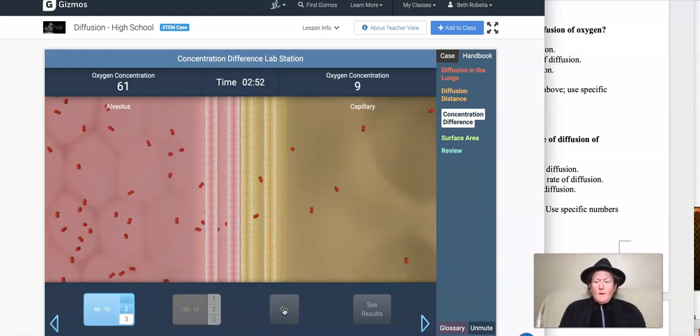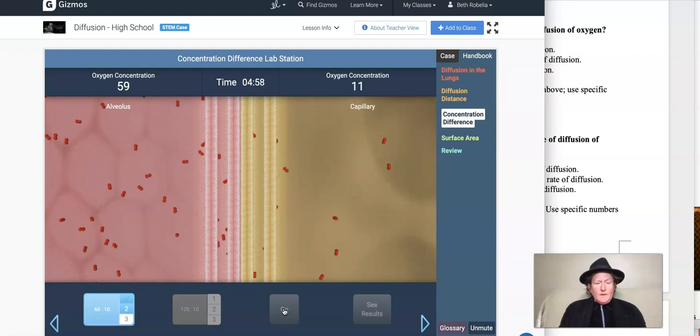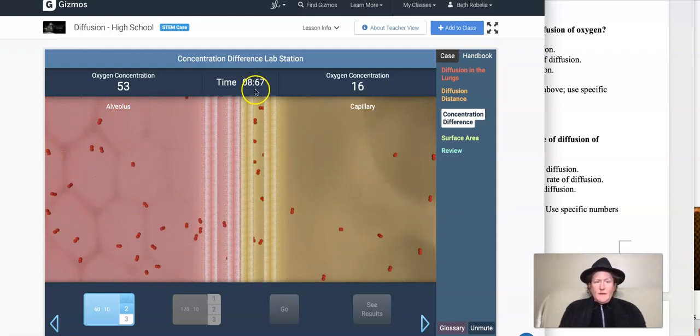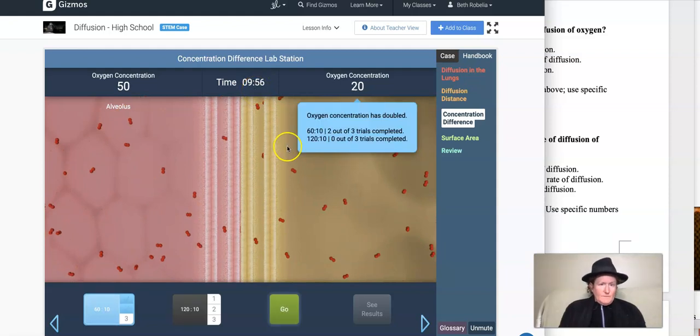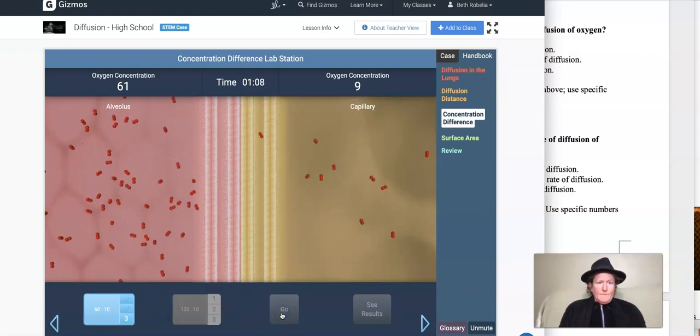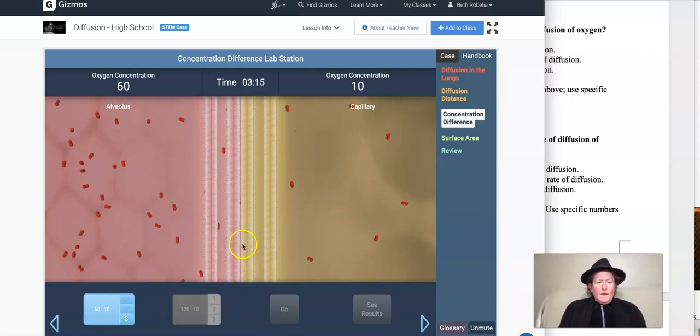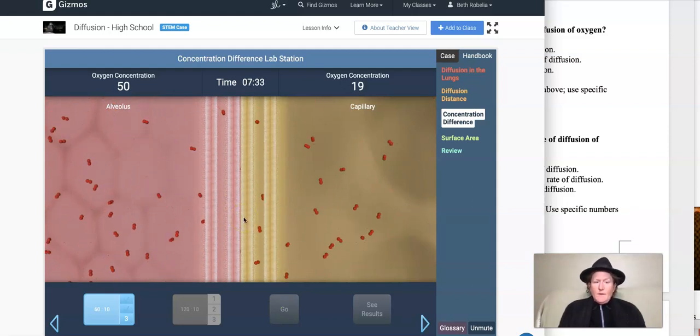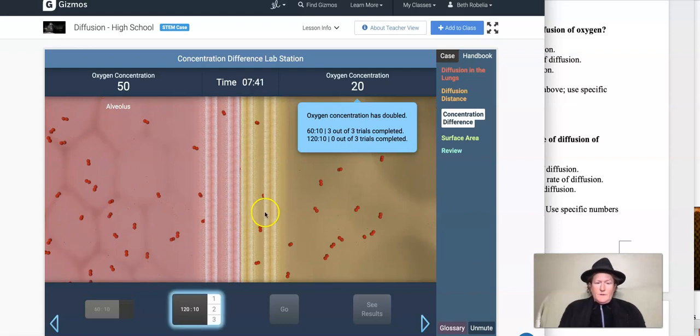Diffusion happens a lot more quickly in your real lungs. It'd probably be more like 7 seconds. So this concentration difference, 60 versus 10 to start out with, is the lower concentration difference.